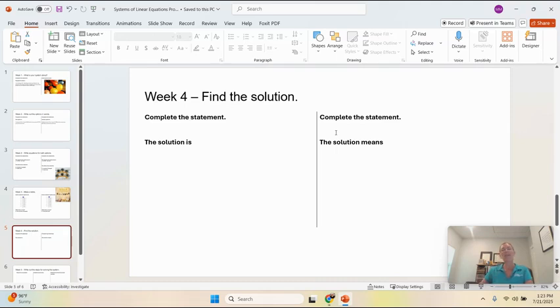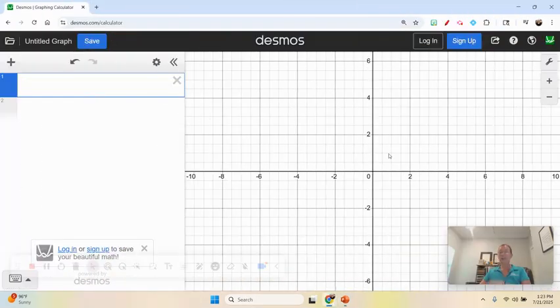So hopefully you clicked on that link for the Desmos graphing calculator, and let's take a look at how we find the solution. So you remember what Desmos looks like when we first enter it. We've got this box up here with 1. And what I'm going to do is type one equation in line 1, and then the second equation in line 2. So let's do that.